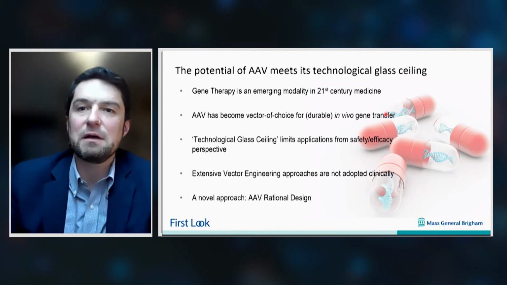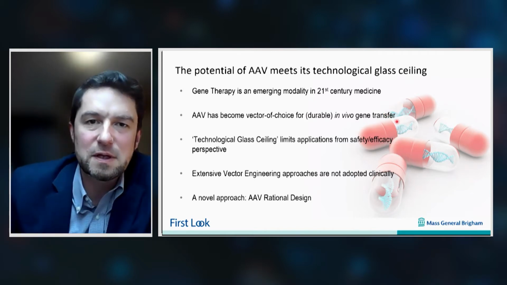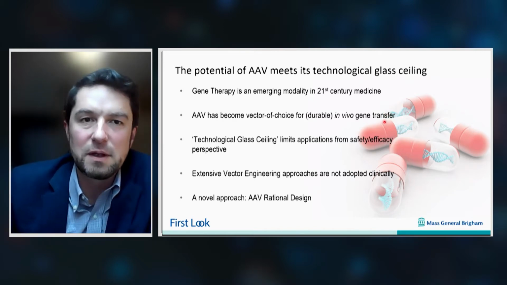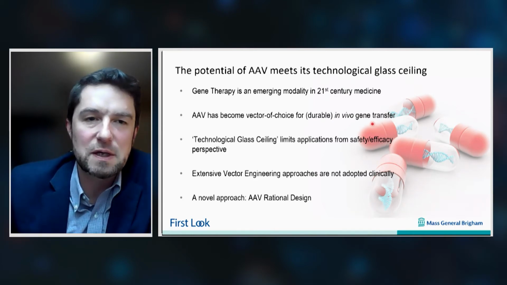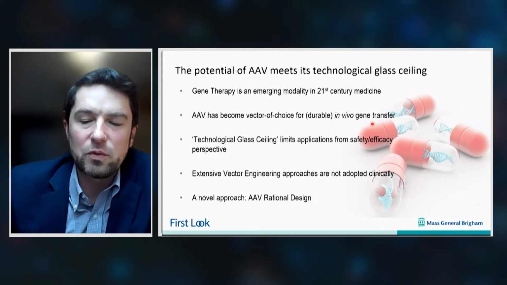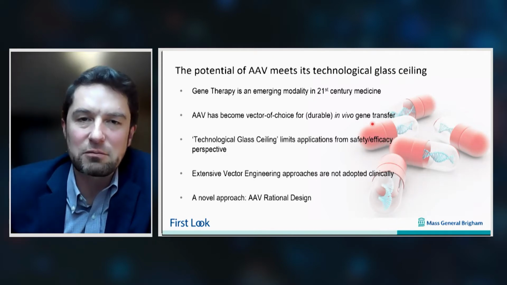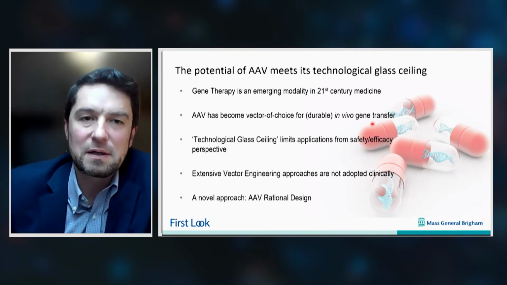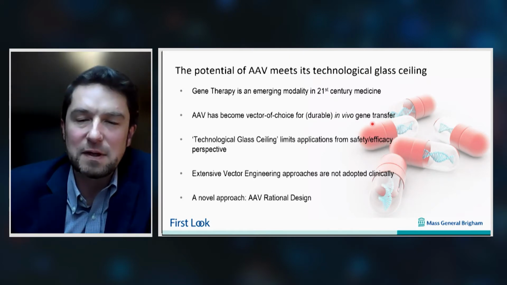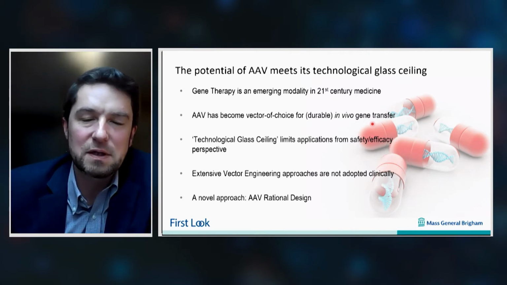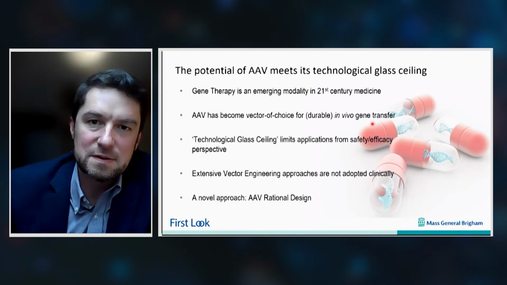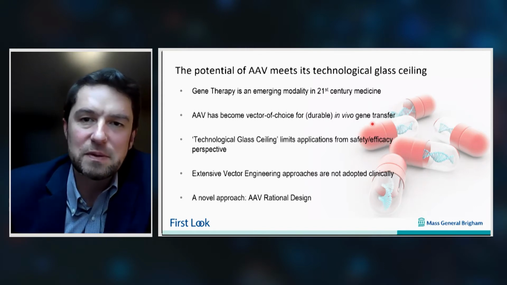AAV, at least for in vivo gene transfer approaches that are intended to be durable, is seen as a vector of choice technology. However, with an increasing number of clinical readouts, we are reaching the limitations of the current state of the art in that technology, both in the safety parameters as well as in the efficacy parameters.